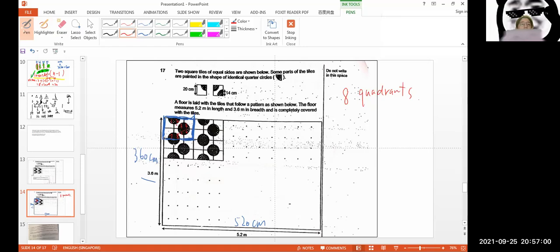Let me see. This is 20, and this is 20, and this is 1, 2, 3. So this is 60. And this is 40. Can you do 520 divided by 60?